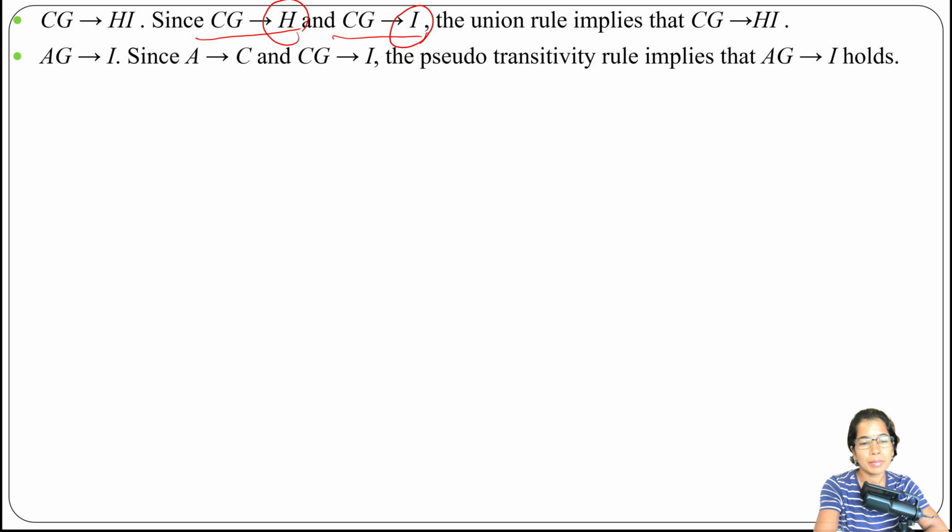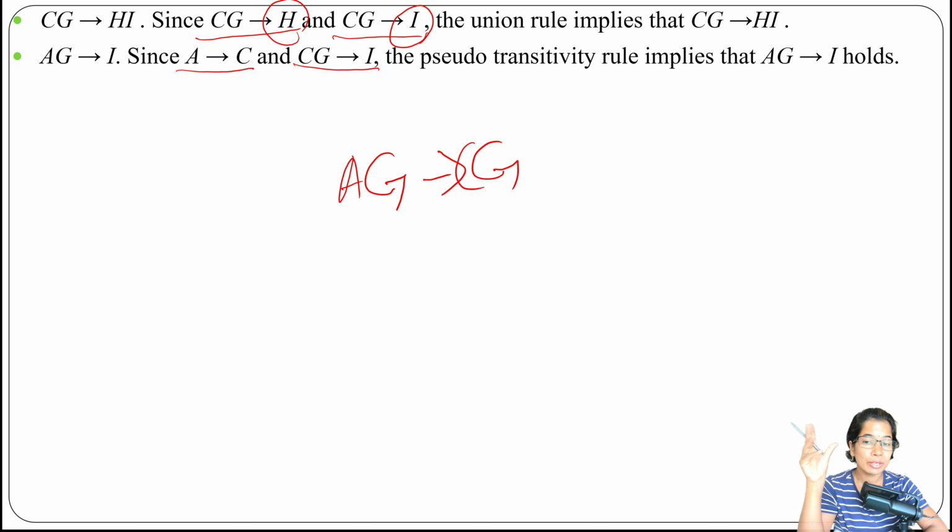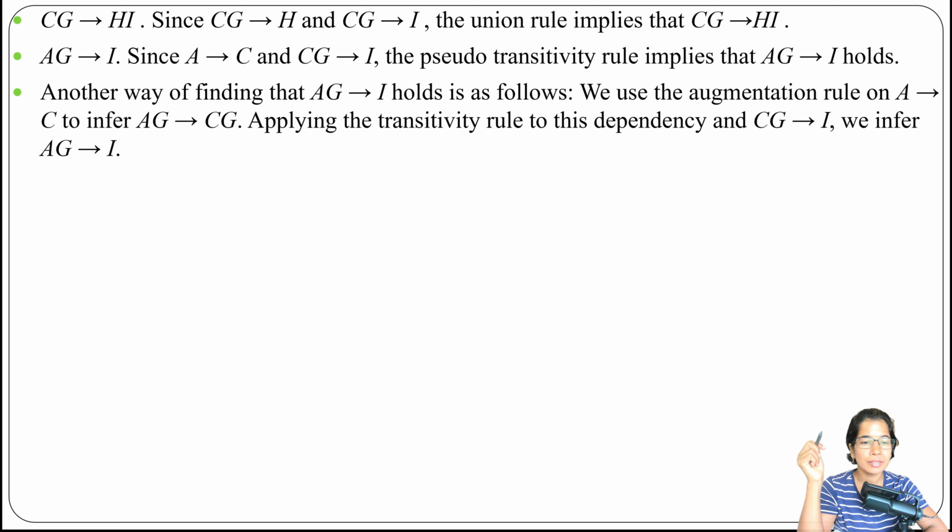AG implies I: A derives C is there, CG derives I is there. So we can add G here. AG derives CG. Then CG derives I, so by transitivity AG derives I. We are applying the pseudo transitive rule. So these are some additional functional dependencies that are logically implied by the functional dependencies given.